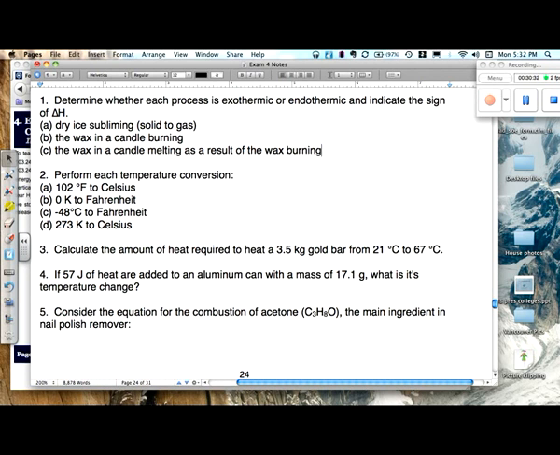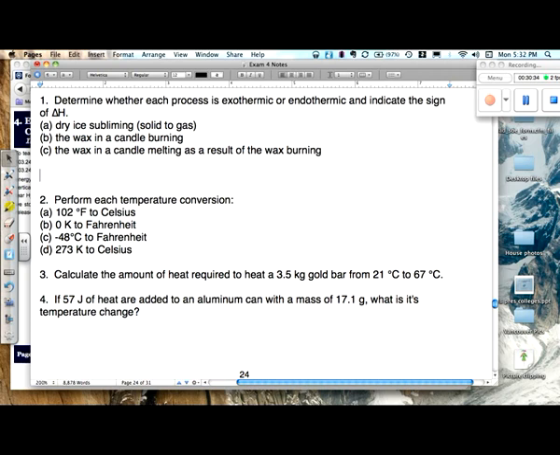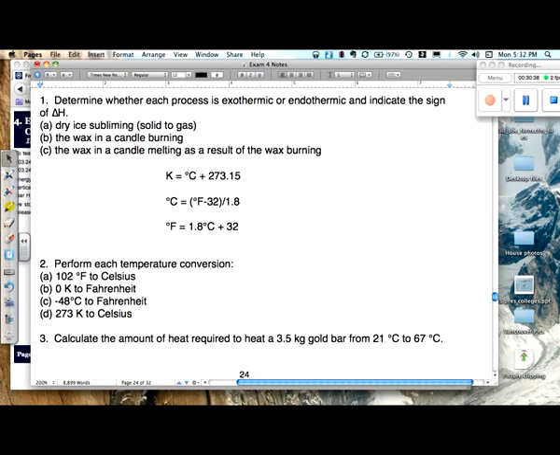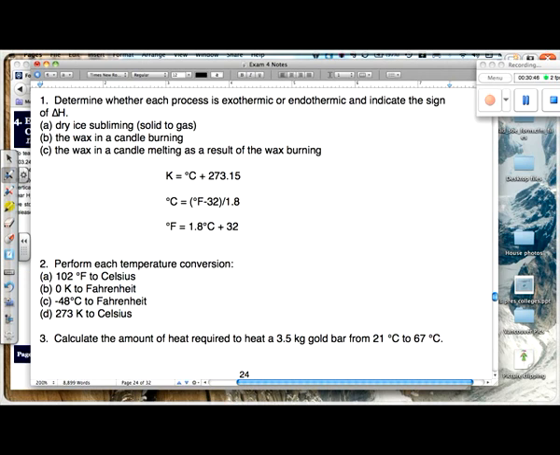All right, we'll put them right here. Okay, so if I'm going from Fahrenheit to Celsius, then I need to use the middle one here. So I'm going to take degrees Celsius equals 102 minus 32, and then divide it by 1.8.